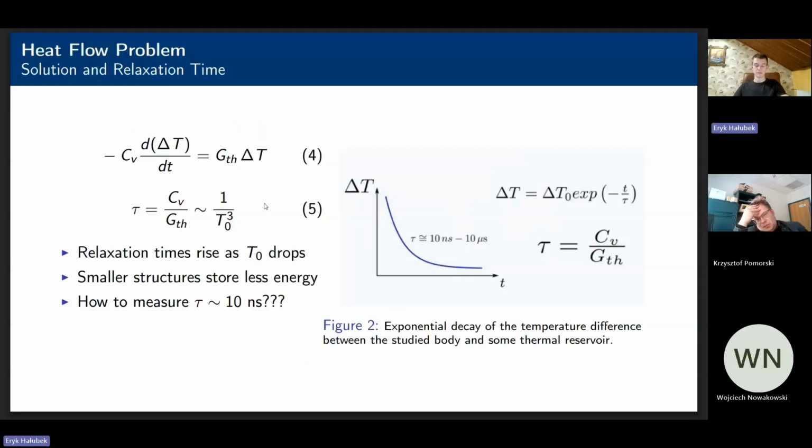The smaller the body, the lower the relaxation time would be. And so in our nanothermometers, we can measure such rapid changes in temperature that happen in a nanosecond regime.